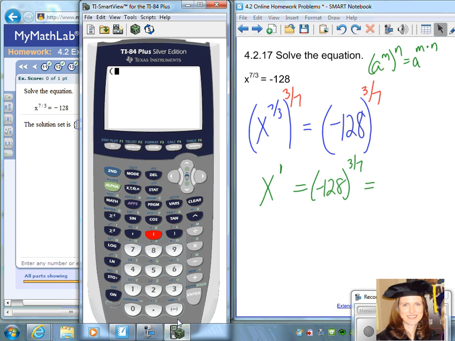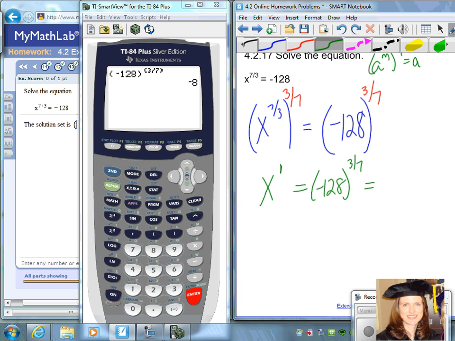In parentheses, I'm going to put in negative 128, raise it to a power that is a fraction, 3 over 7. Now you can use a scientific or graphing calculator for this to simplify to get negative 8 as the answer.